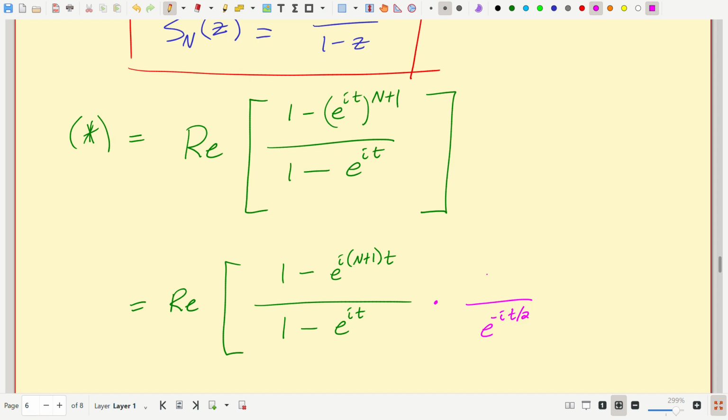And so if I do that, I have to do it on the top and the bottom. And I want it to be the sine function. So it's going to actually be the sine function. I'm going to have to multiply and divide by minus 1 over 2i, because the sine function had a 2i in the denominator.